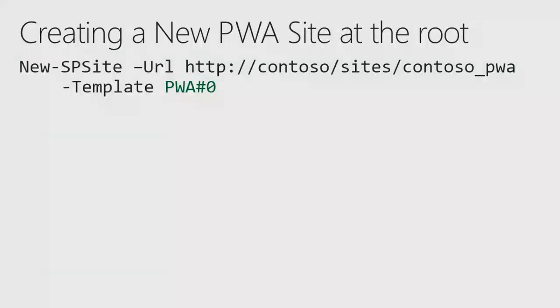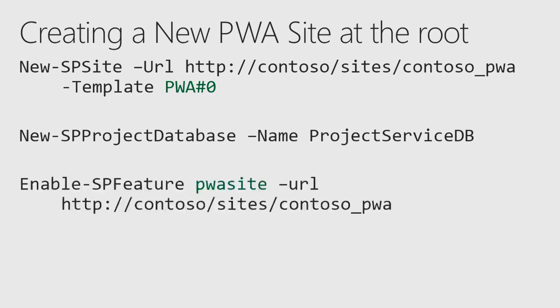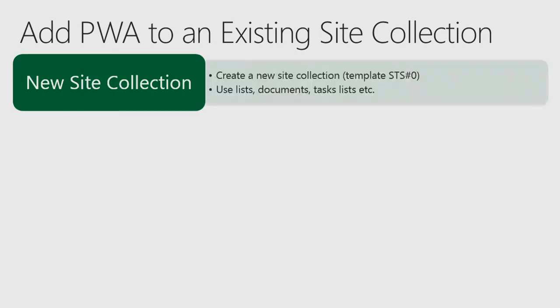In PowerShell, it's three easy steps: New-SPSite with a template, New-SPProjectDatabase, and then Enable-SPFeature PWASite at the site collection level. Now, if you want to add PWA to an existing site collection, for the growing-up scenario that I just talked about, there's an extra step.